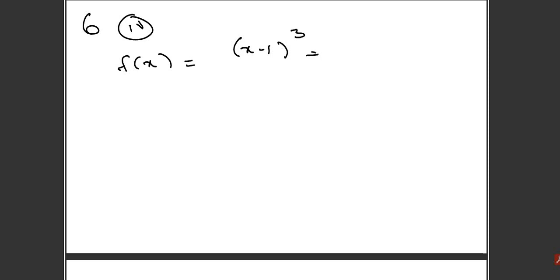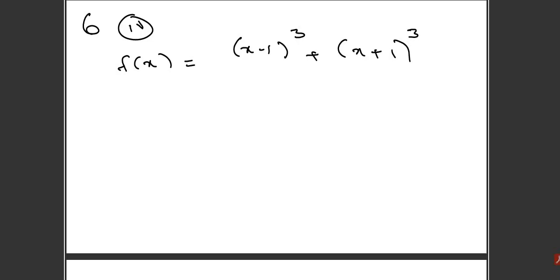So you have question number 6. There is 6iv. f of x is equal to (x minus 1) to the power 3, then plus (x plus 1) to the power 3.